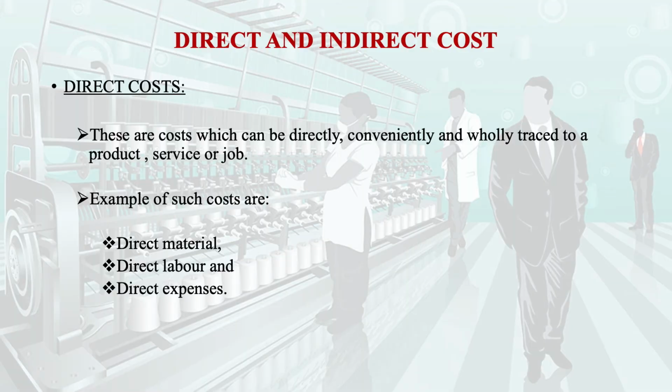Now, there are two types of cost: direct and indirect cost. Direct costs are the costs which can be directly or conveniently traced to the product, service or job. Examples of such costs are direct material, direct labor, and direct expenses.